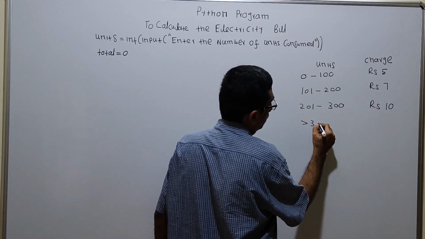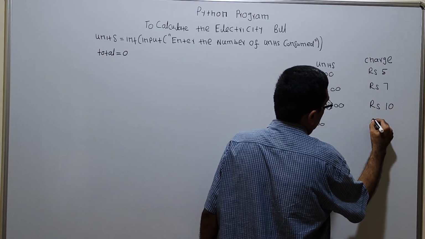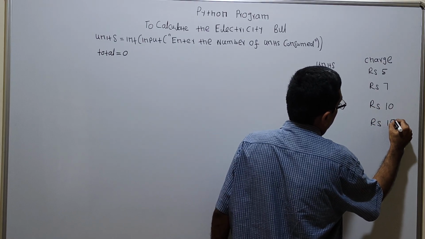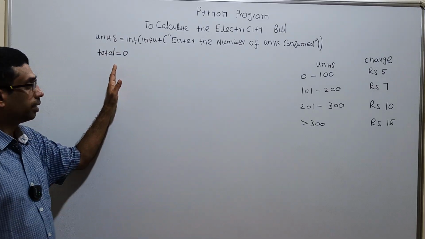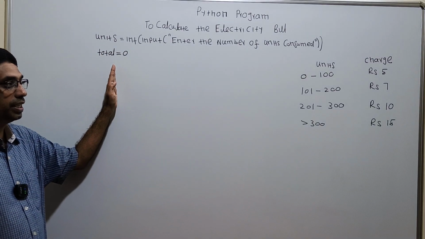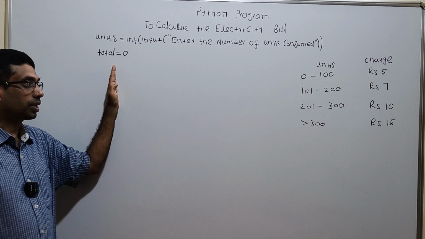Greater than 300, rupees 15. For this tariff, I am going to write a calculation using if, elif, else structure.